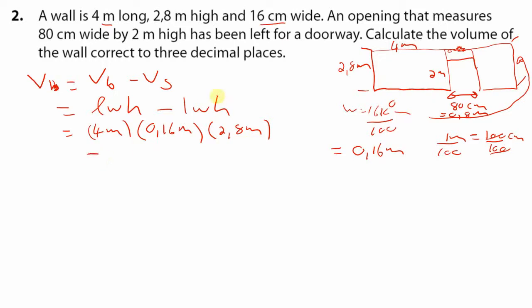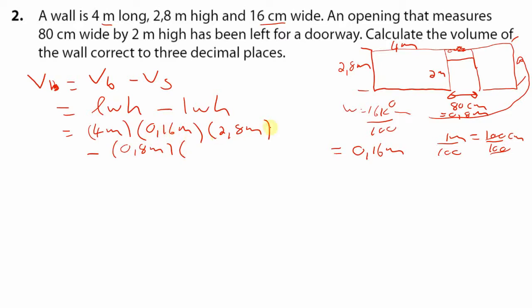And then we still have to subtract the smaller one. So the length for the smaller one is the 2 meter. Well, the 2 meters is actually the height, so we actually have the 80 centimeter, which is 0,8 meter.